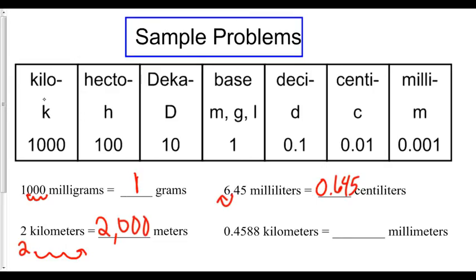Well, here's kilometers here, millimeters all the way at the other end. I've got to move over 1, 2, 3, 4, 5, 6 times to the right. So this decimal point here needs to move over 6 times. 1, 2, 3, 4, 5, 6. So the number of millimeters in 0.4588 kilometers is 458,800 millimeters, excuse me.